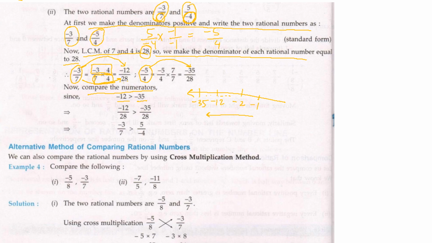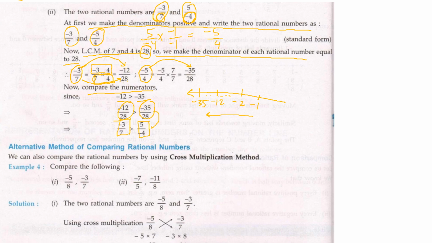So minus 35 is smaller than minus 12, or you can say minus 12 is greater than minus 35. So minus 12 by 28 is greater than minus 35 by 28. Now you have to write the original rational numbers. Minus 12 by 28 was minus 3 by 7, and minus 35 by 28 is 5 by minus 4.